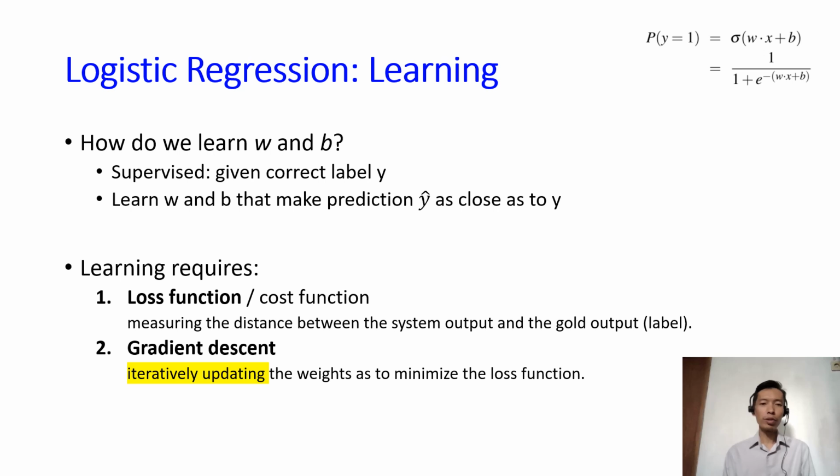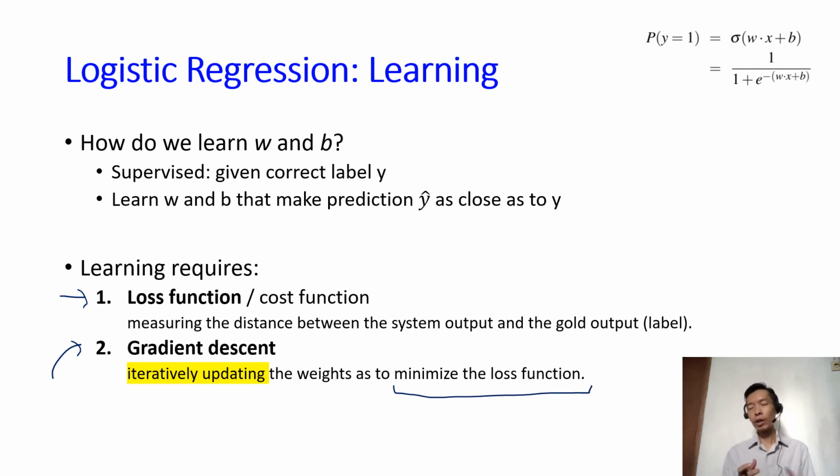And then there are two things that we need to learn W and B. First is the loss function that we have discussed in the previous video. It will measure the distance between our prediction and the true label. And second, which we're going to talk about in this video, is the gradient descent method, which is useful for iteratively updating, so step by step improving, the weights and the bias term with the objective to minimize the loss function.